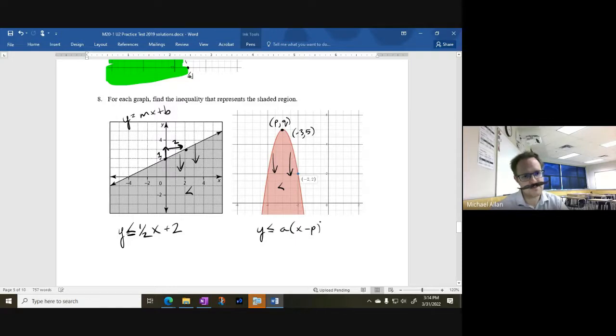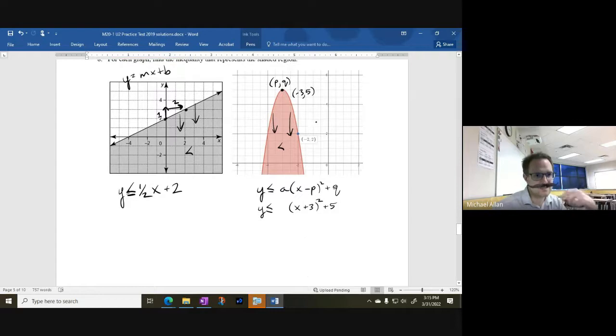Minus p plus q. So I'll fill in what we know. We know p is negative, so negative turns positive. And q is 5. Okay. It looks like a has to be negative. Is it -1? Is it -2? I highlighted this point for a reason. So I'm going to use that point.